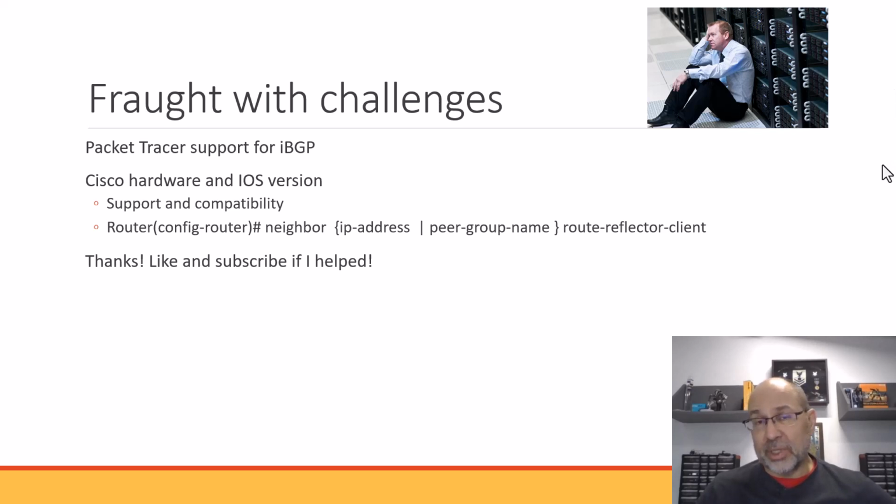The other issue is that when you are trying to get iBGP supported by your Cisco gear, make sure that they have the same versions, because there are actually different mechanisms used to get iBGP speakers to talk to each other depending on the version and the hardware. So make sure that you've got compatibility, and that you have an IOS version that's willing to use the commands that you want to use. And in the end, this is what I used to get the route reflection and the routes propagated: the neighbor IP address, and that it was going to be a route reflector client.